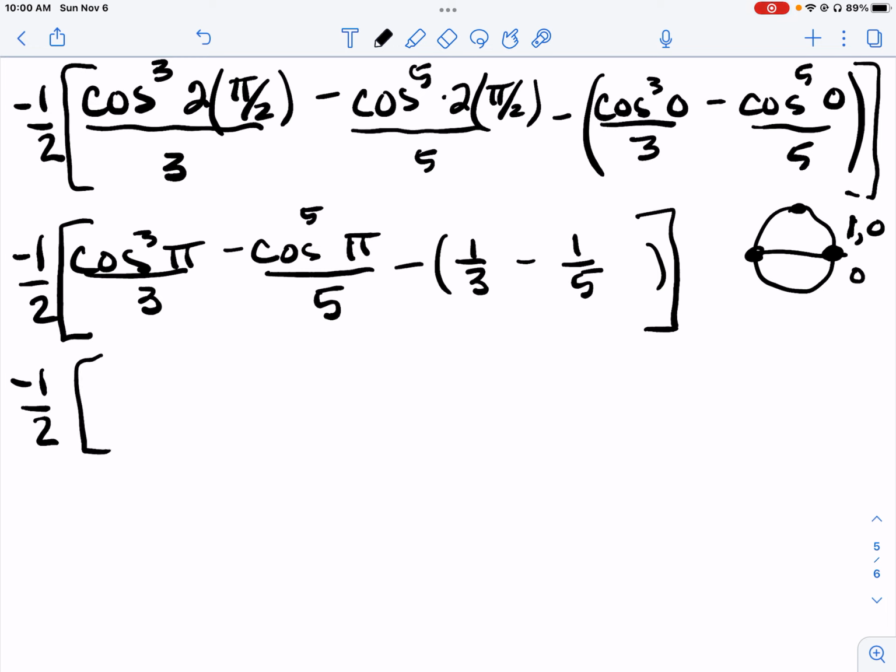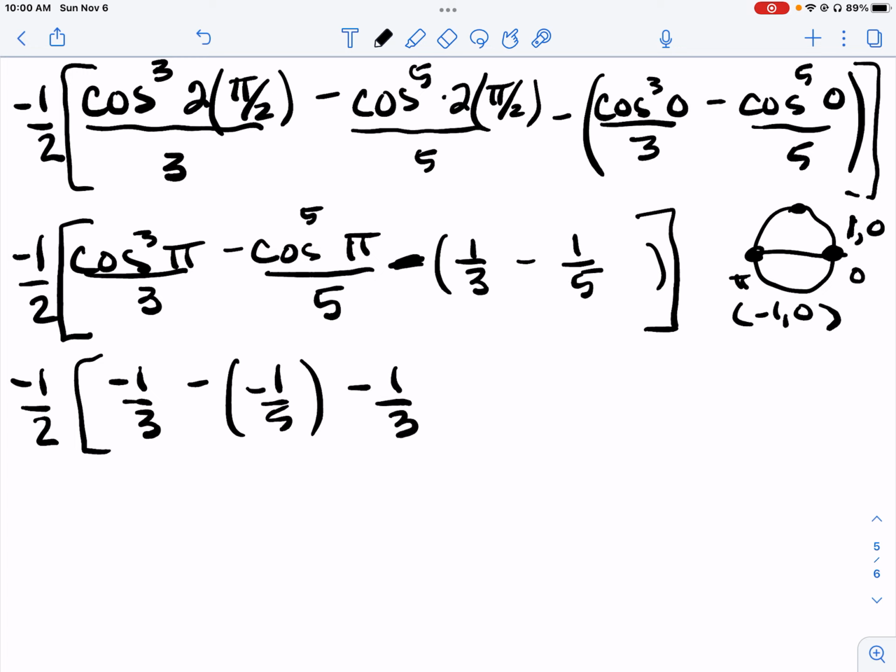Okay. Here's pi, and its coordinates are negative 1, 0. So the cosine at pi is negative 1. Negative 1 cubed is negative 1. Minus cosine of pi is negative 1, raised to the fifth power is negative 1. I'm going to distribute the negative in front of the second parentheses.